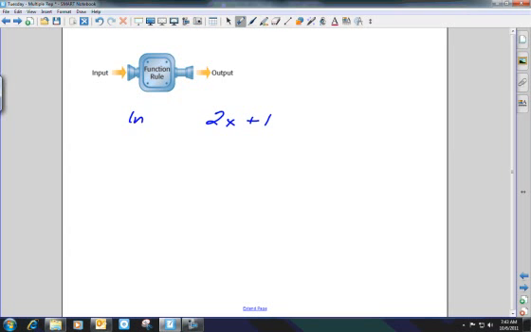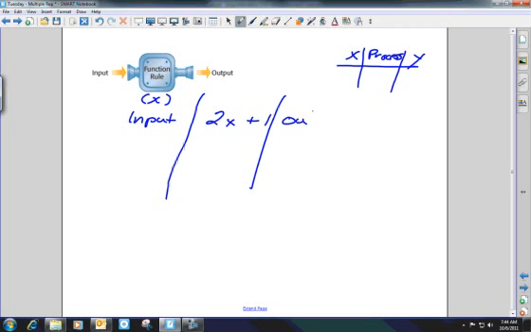If we have our input, that would be the x part of the table that we were making in sequences. If you recall that table, we had x and y, and then we had the process in the middle. That's a function table. Okay? So our input is x. We have our process, which is the function. And then our output is y.